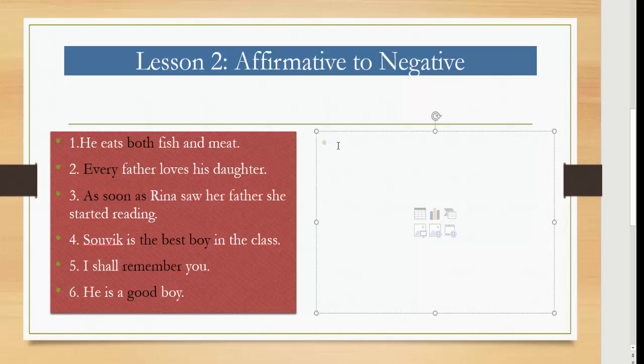At first, number one, if there is both and, here I have to use not only but also, then it turns into negative. For example, he eats not only fish but also meat.